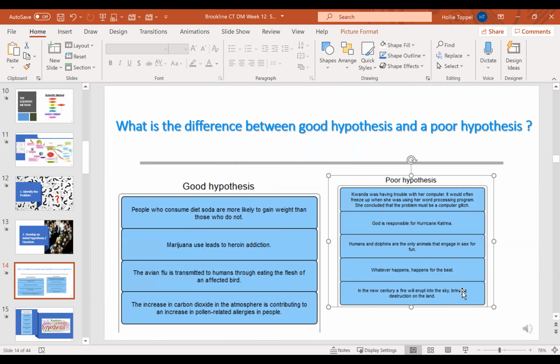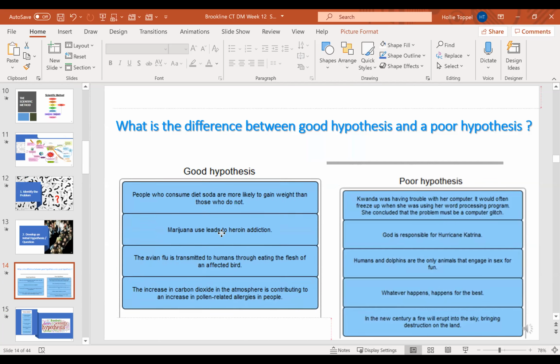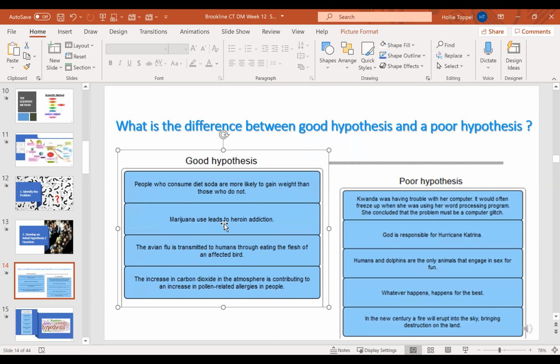Here are good ones, good hypothesis and poor hypothesis. A good hypothesis: people who consume diet soda are more likely to gain weight than those who do not. Well, I don't think that's as good as where I got this source from. I would say who are on a strict diet and eat the same as the people in the control group. Marijuana leads to heroin addiction.